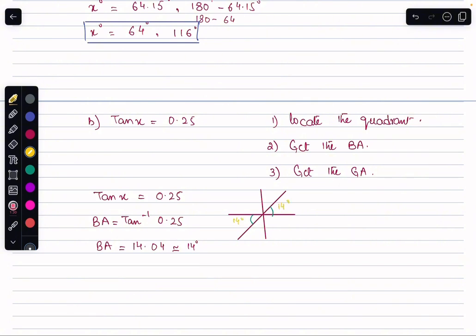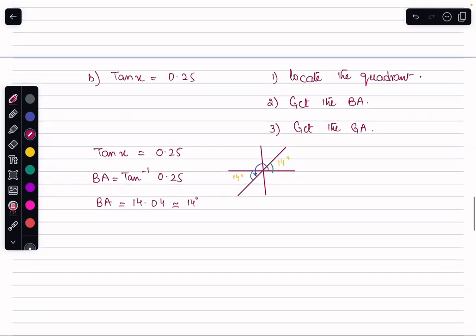To get the general angle, we know the general angle in the first quadrant has to be the same, but in the third quadrant it is different. So the x values are 14 degrees in the first quadrant, and in the third quadrant it is 180 plus 14 degrees.